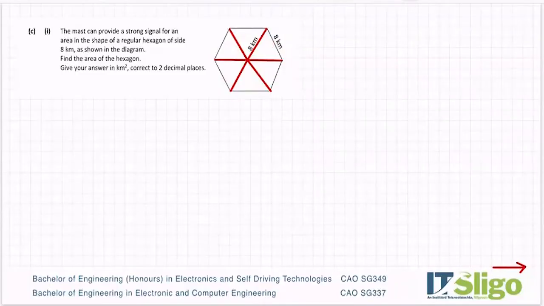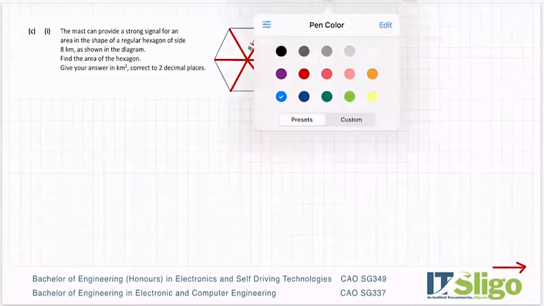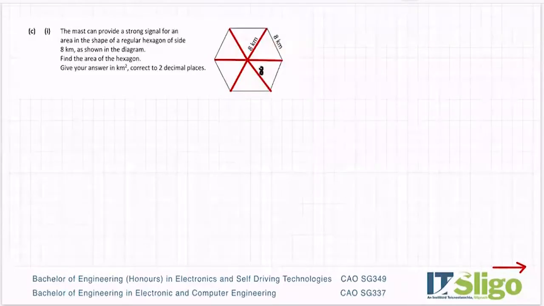So when I see this one is 8, it means that all of these are going to be 8 out to the edge. So 8, 8, 8, 8. And if the length on the outside is 8, it means all of these ones are 8. So these are what we call equilateral triangles.